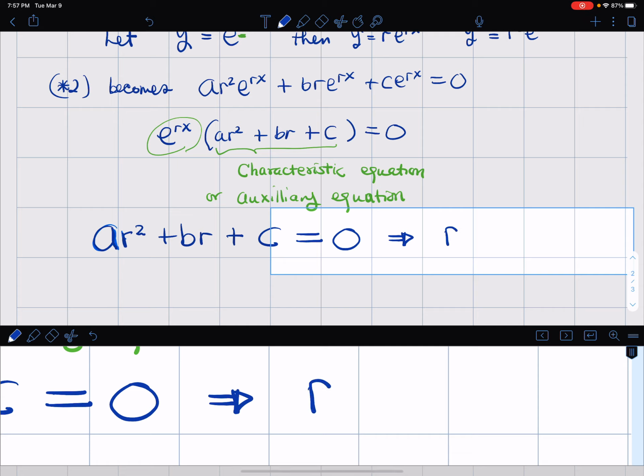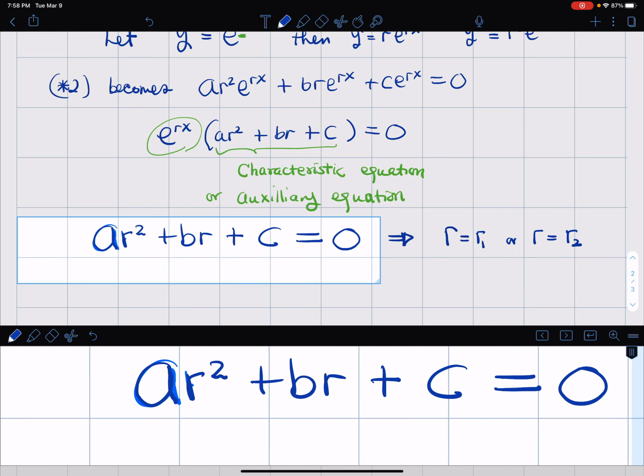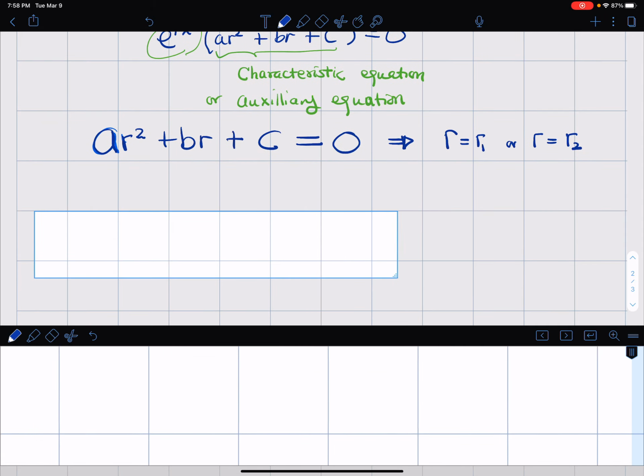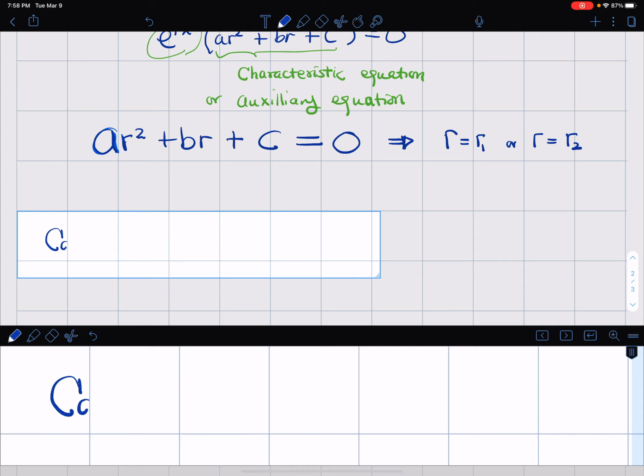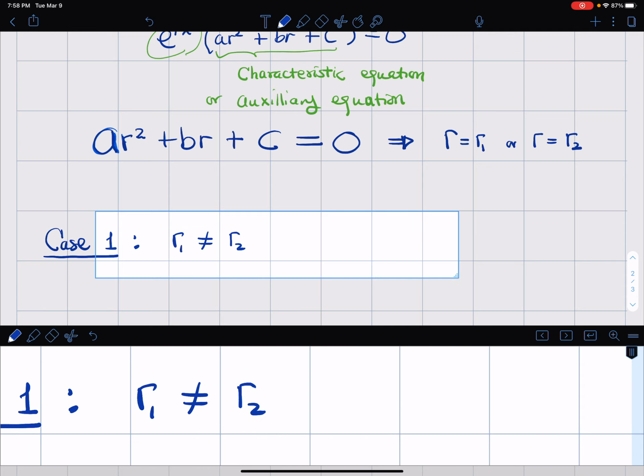We can end up with r is equal to r1 or r is equal to r2. Okay? Whenever you solve a quadratic equation, you get two solutions, two roots, it could be r1 and r2. All right, so let's look at different cases. Let's look at case 1, where r1 is not equal to r2, and both of them are real numbers.